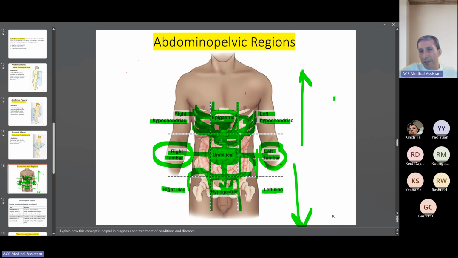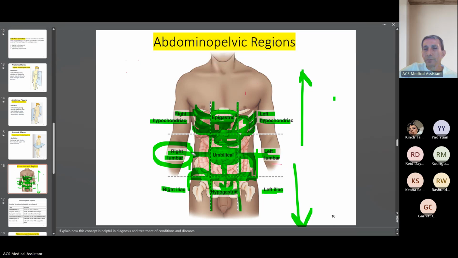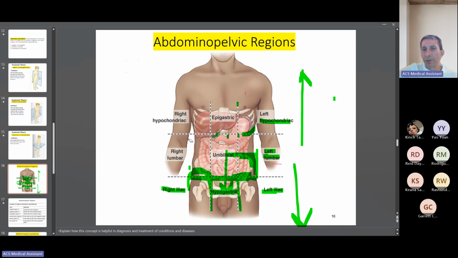Of course, they are up here, so they are too far up, because the hips are starting right here. But this is the lumbar. So the hips are right here, not up here by the belly. So that will be the right and left iliac, because the iliac bones are these hip bones, the big ones that look like, once again, big ears. So that's how we are going to remember this.